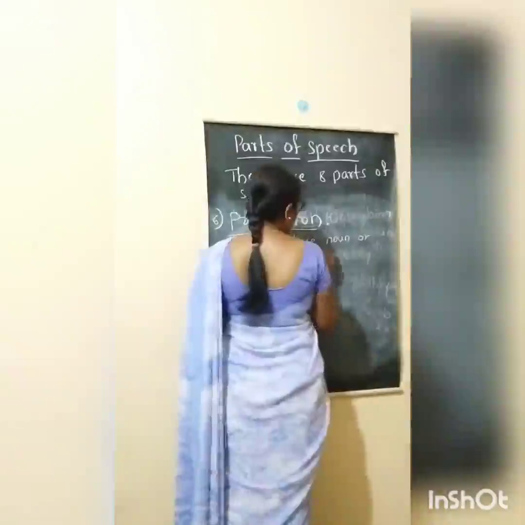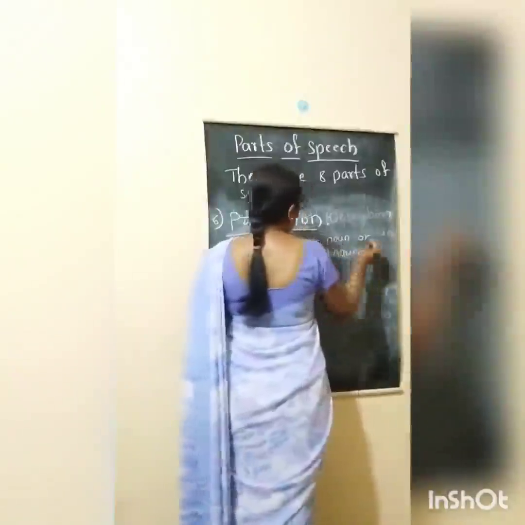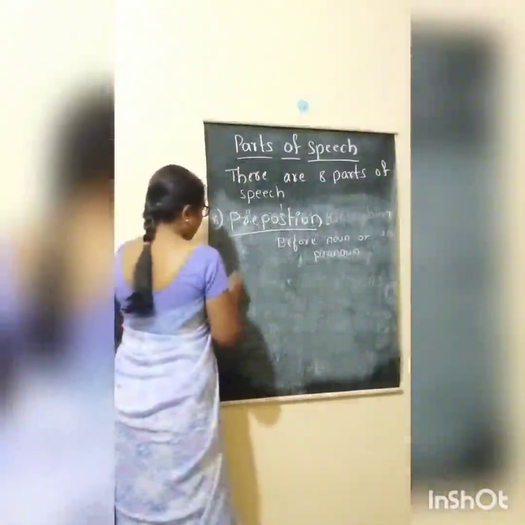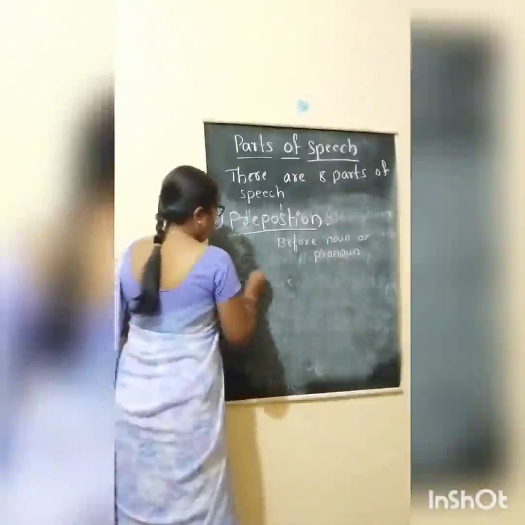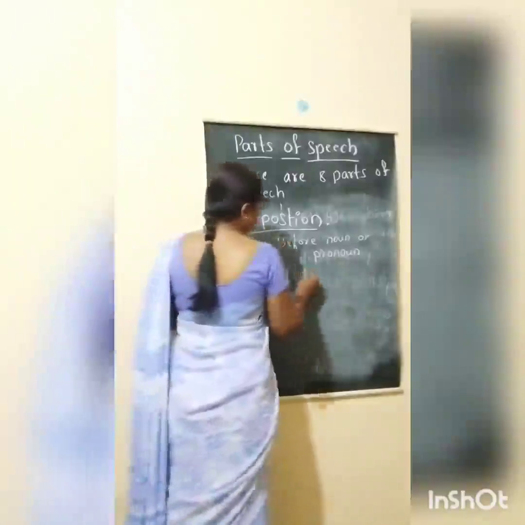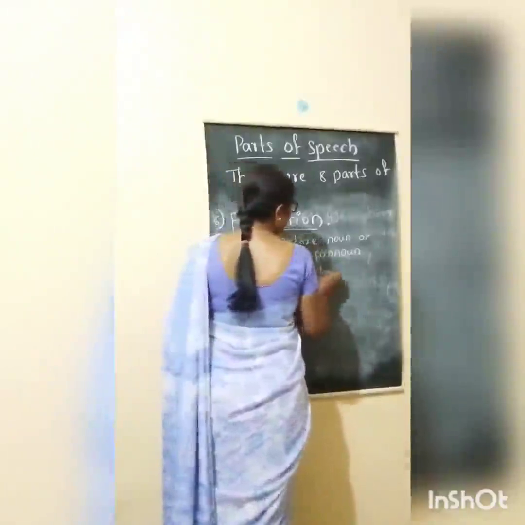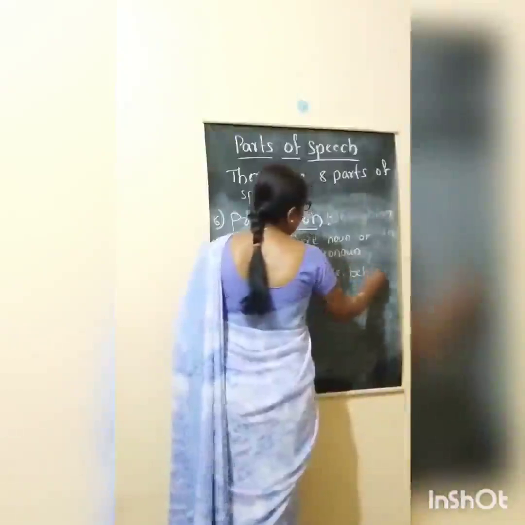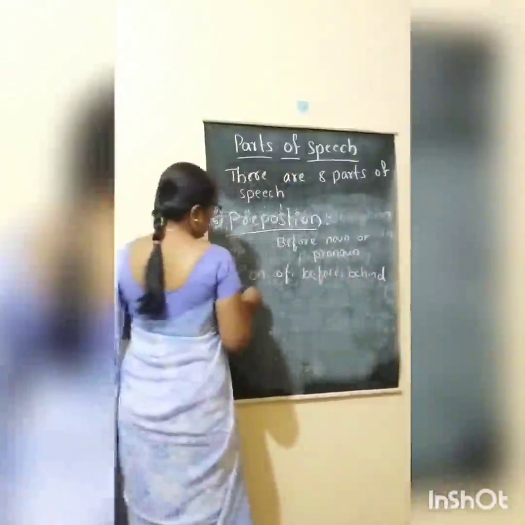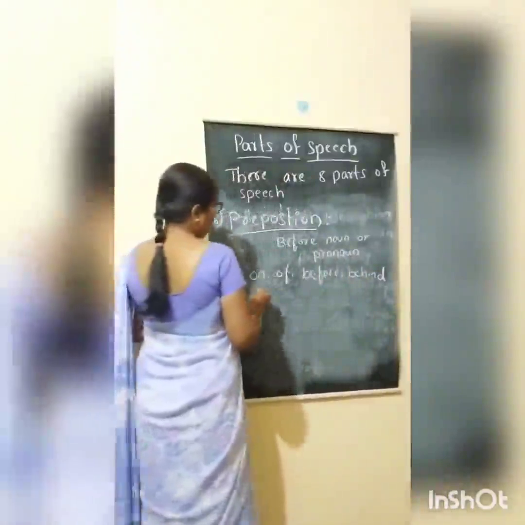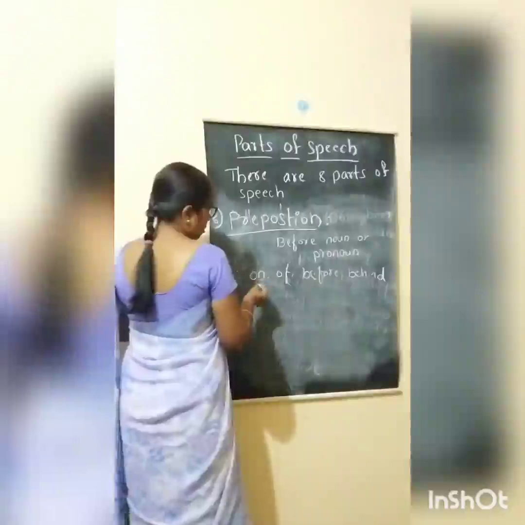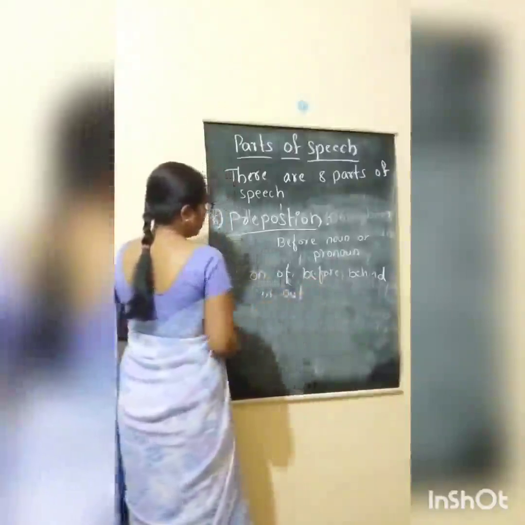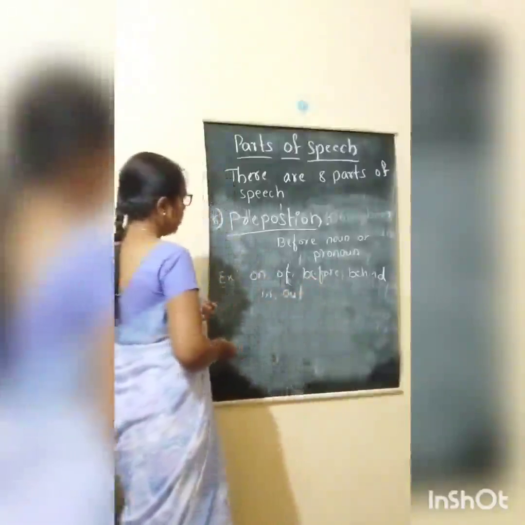For example, on, of, before, behind, in, out. These words are called prepositions.